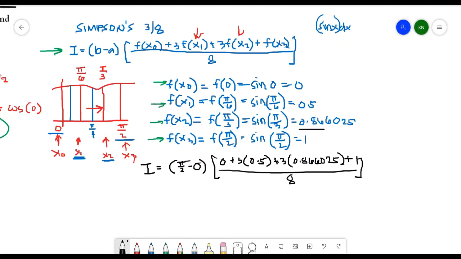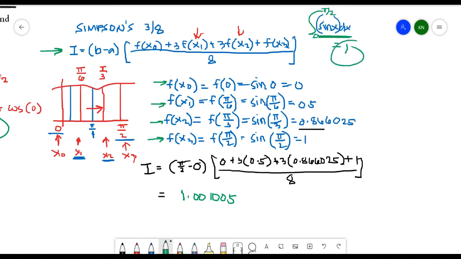So if you try to calculate this one again, then you'll get the result of 1.001005. So again, we already know that the integral of this one from 0 to pi over 2 is equivalent to 1.